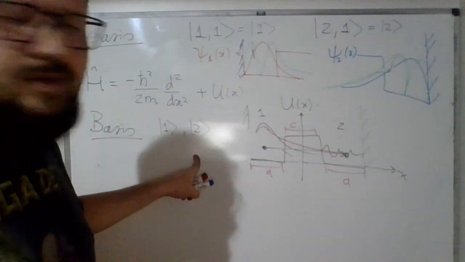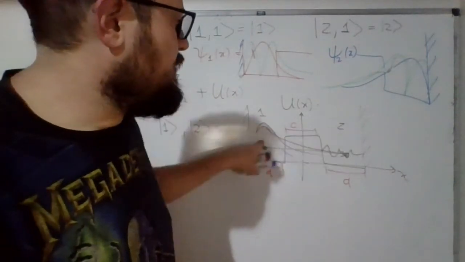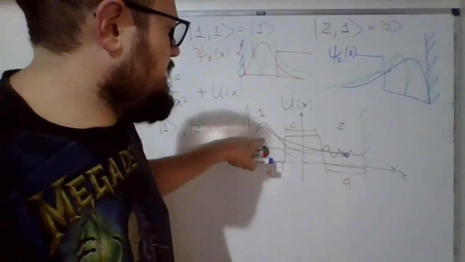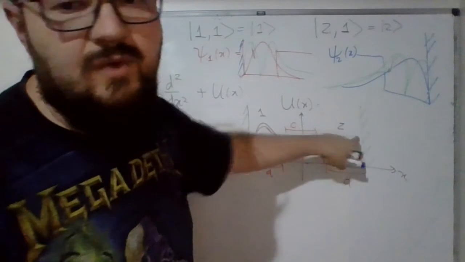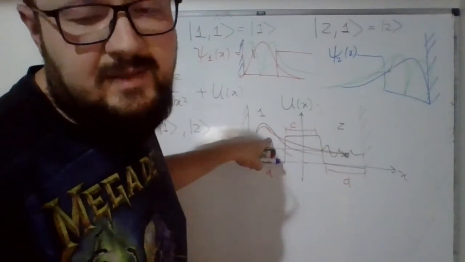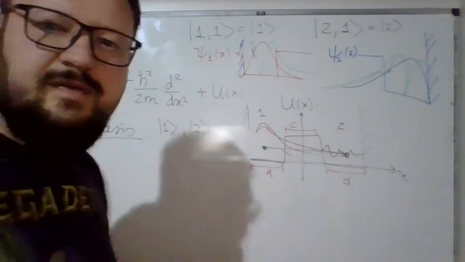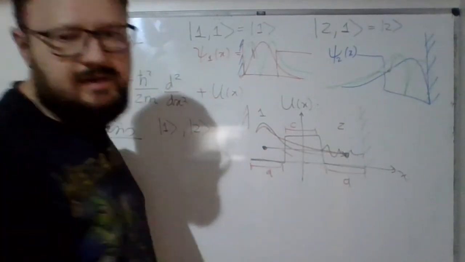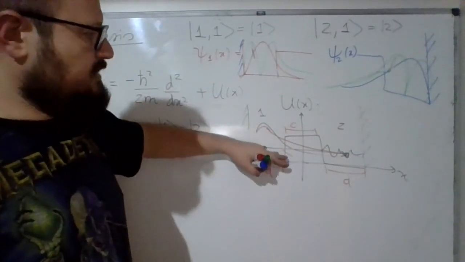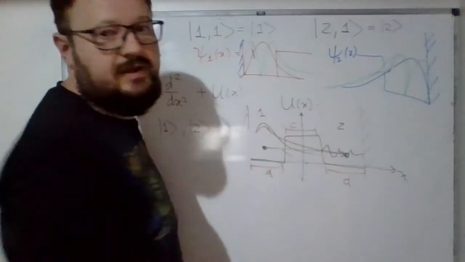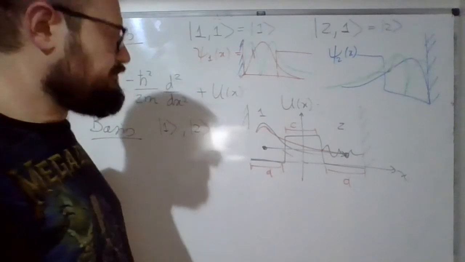Now, we have two potential wells, a particle which can be in either of the wells, and the particle can tunnel from one box to the other, passing through the barrier. It has energy lower than the barrier, but it can tunnel because it sees the other box.